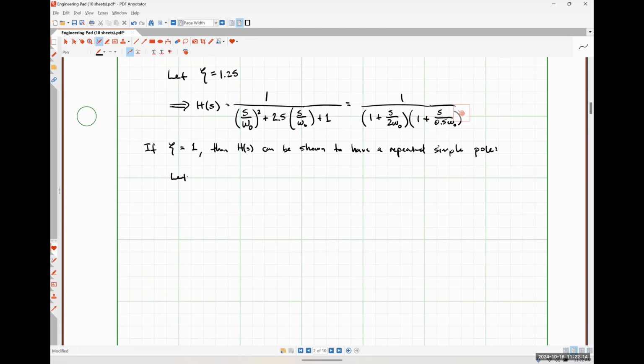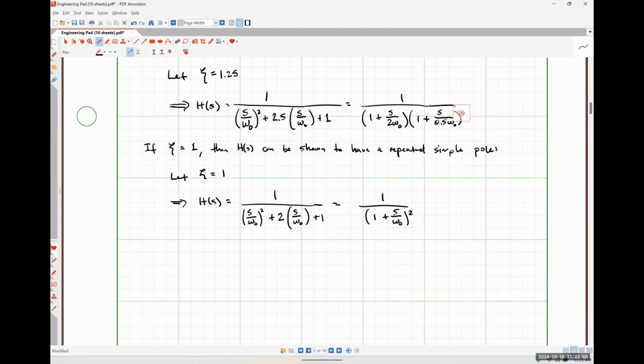So if we let zeta equal 1, then H of s would simply be 1 over (s over omega naught) quantity squared plus twice s over omega naught plus 1, which is literally 1 plus s over omega naught, quantity squared. This is critical then. We already know how to describe this.